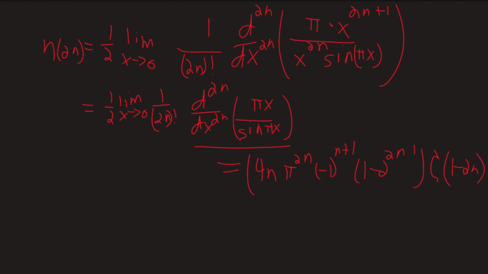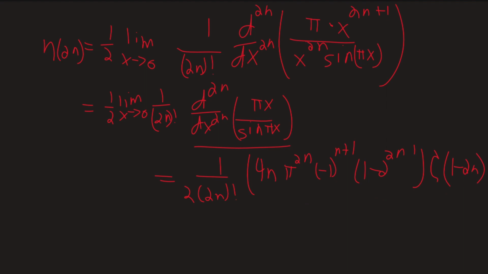So subbing all of this in, and since I don't feel like writing that whole thing again, I'm just going to add this out front. So we have a 1 over 2 times 2n factorial here, and then that's just equal there. And the limit is already taken care of with this right here as well.